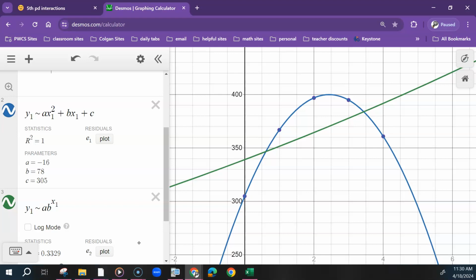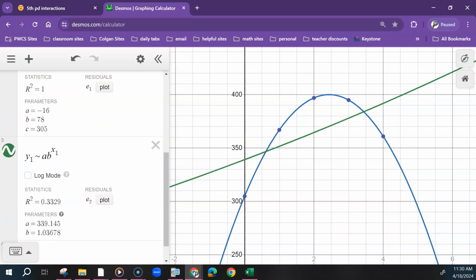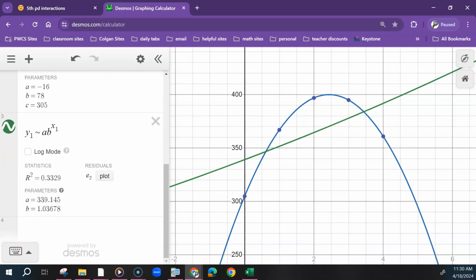For the quadratic, I see that my correlation is 1. That means it's really strong. It fits all of the points if it's 1. The strongest is 1. But in my exponential function, it's not very strong at all. It's not fitting a good portion of the points. So go with whichever is strongest.